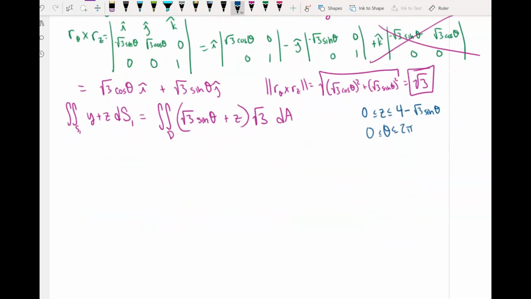So when we do that, this guy is going to be equal to the integral from 0 to 2 pi, the integral from 0 to 4 minus square root of 3 sine theta, then we're going to have square root, so I'm going to multiply the square root of 3 inside. That's going to give me 3 sine theta. And then I'm going to get plus square root of 3 times z. And then dA, so this is going to be dz first, and then after that d theta.